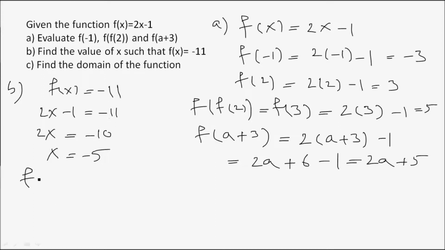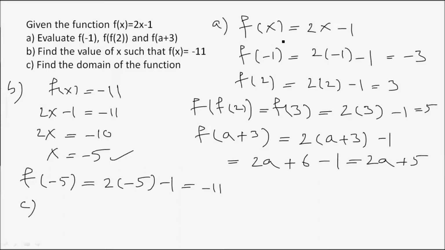Let's check that. F of negative 5. That's 2 times negative 5 minus 1, which is negative 11. So right. So it's the value x equals negative 5 that produces negative 11 as output from this function. Part C asks for the domain of the function.